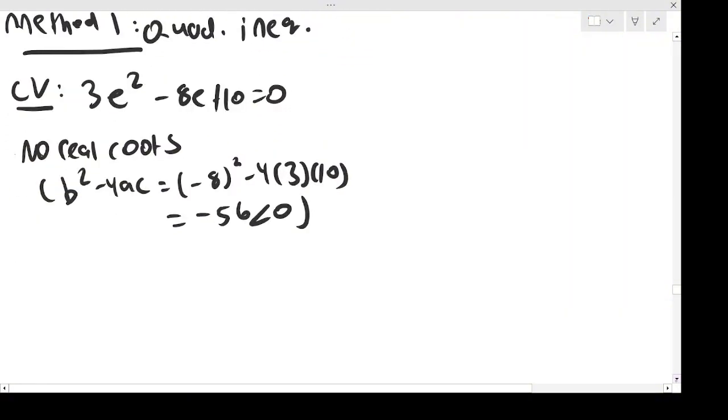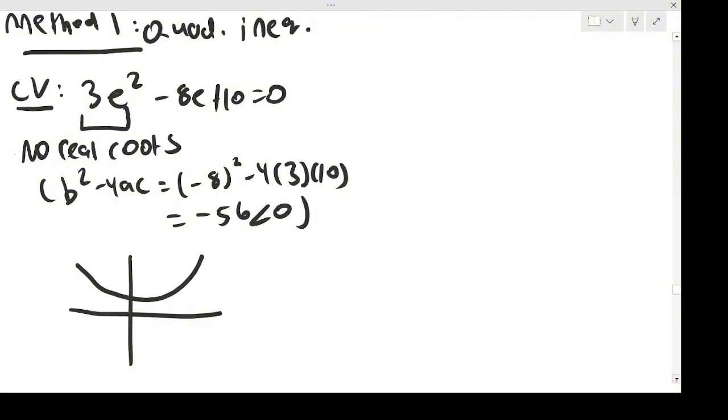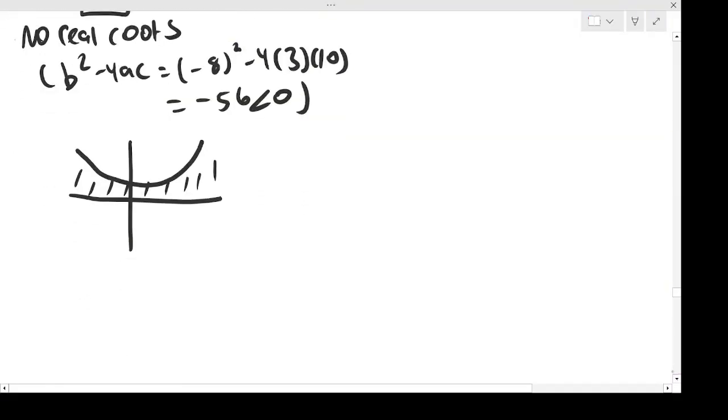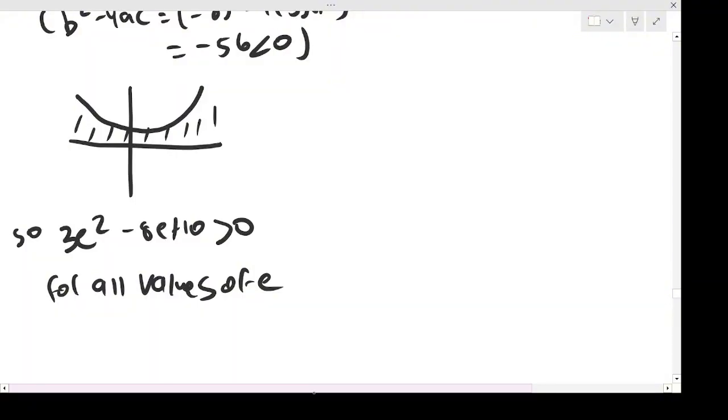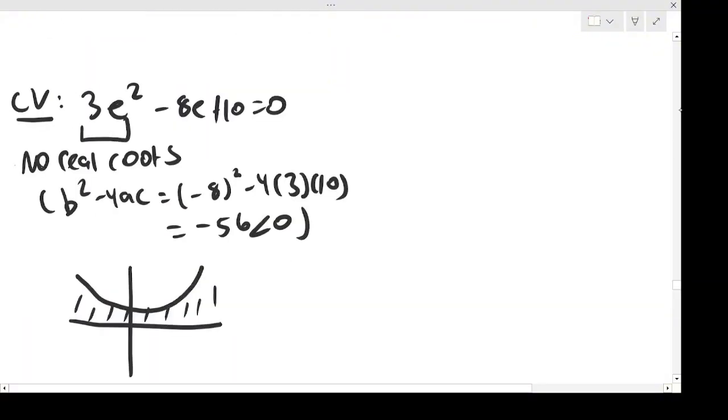So actually, the graph won't cross the axis, and it's going to be a positive quadratic, so it's going to be something like that. So we can see it's going to be always bigger than 0. The graph is always positive. So 3e squared minus 8e plus 10 is always bigger than 0, okay, for all values of e. And so the inequality must be satisfied, right?